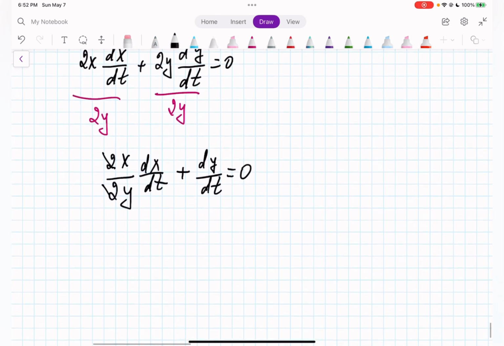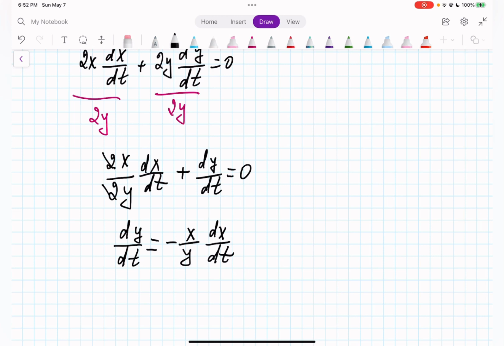And to find dy by dt, it's going to be equal to negative x over y times dx by dt.